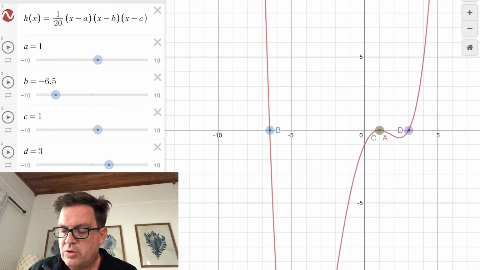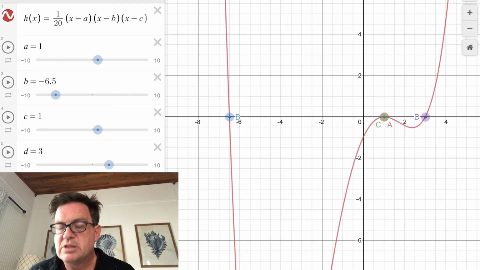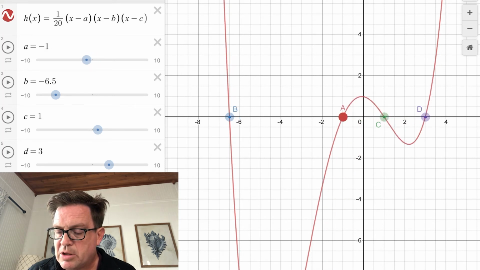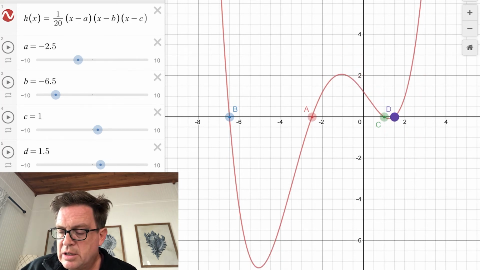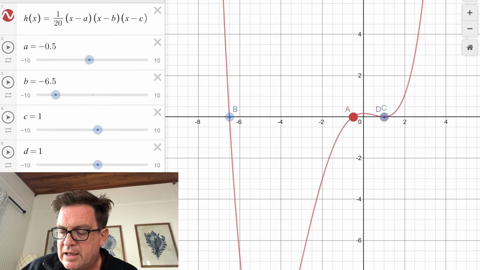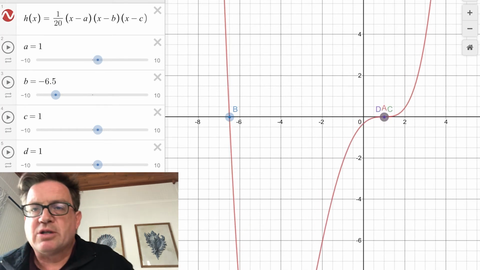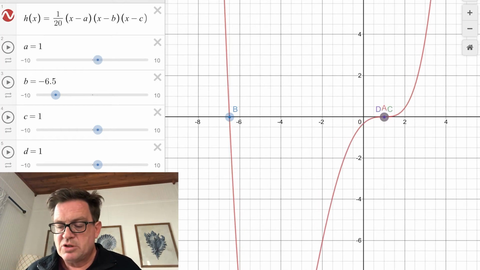So you can look and see what a fourth degree polynomial is going to look like. It'll have an up and a down and an up and a down. A fourth degree polynomial will have 3 peaks and valleys, generally, but they could kind of hide. What if you had three points all together? In this case, D, A, and C are all the same root.